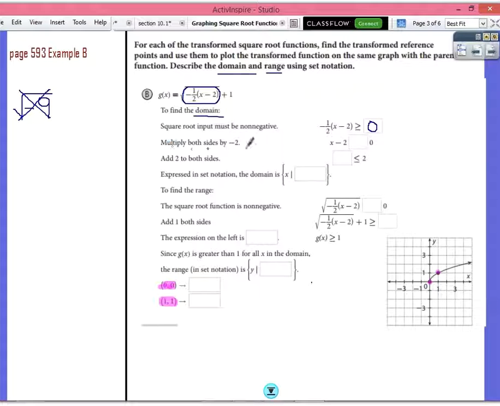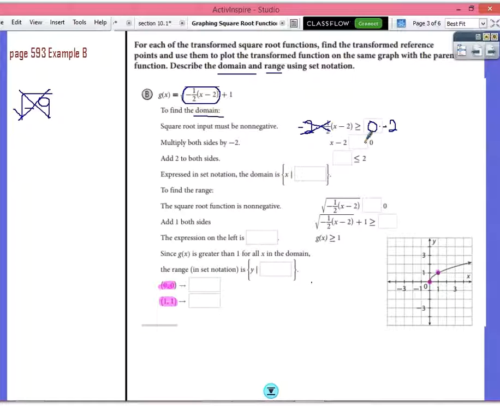So to solve this, we want to multiply both sides by negative 2. I'll actually show here the multiplication of both sides by negative 2. And what that's going to do is cancel out this multiplication by negative 1/2, because negative 2 times negative 1/2 is equal to 1. And we can therefore consider those as canceling each other out. Well, 0 times negative 2 is still 0. 0 times any number is 0.